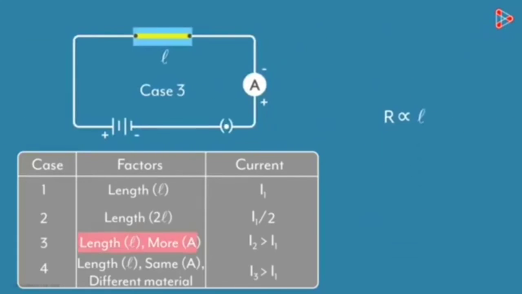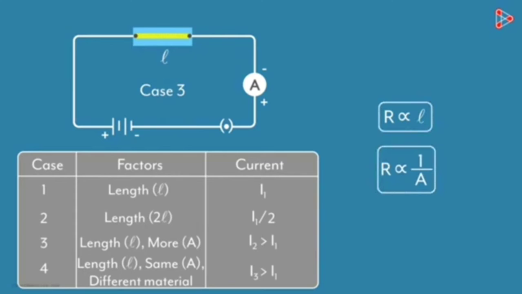Now take the third case. Compared to the first case, the third case has more cross-sectional area, but the same length and the same material. The cross-sectional area has been increased, and the current also has been increased. It means the greater the cross-sectional area, the lesser the resistance, that's why the current is more.